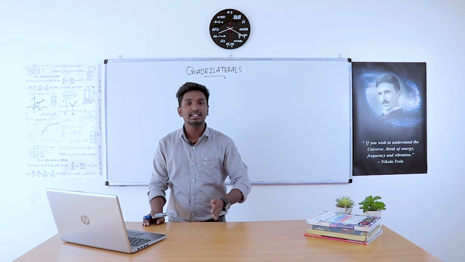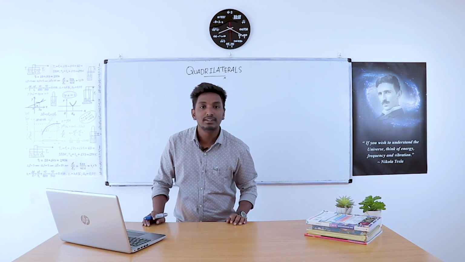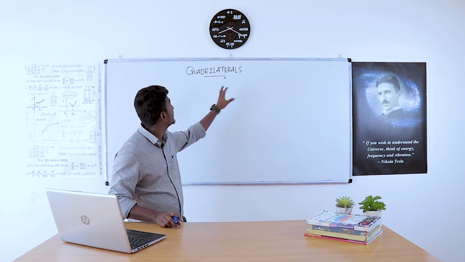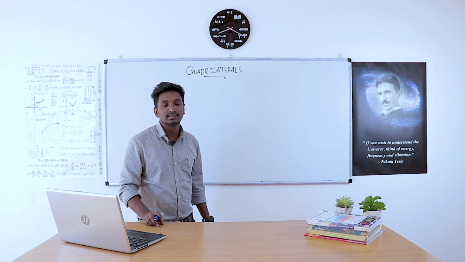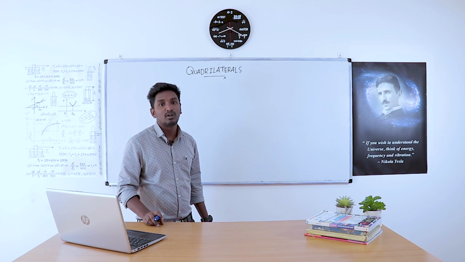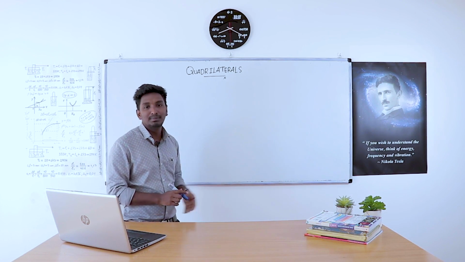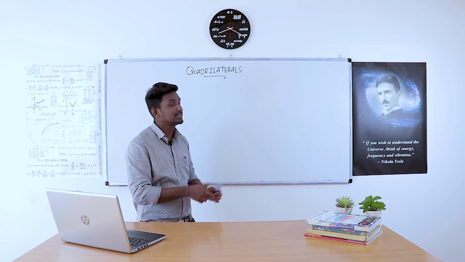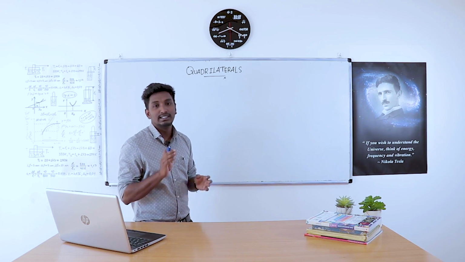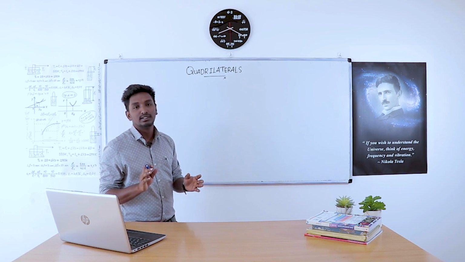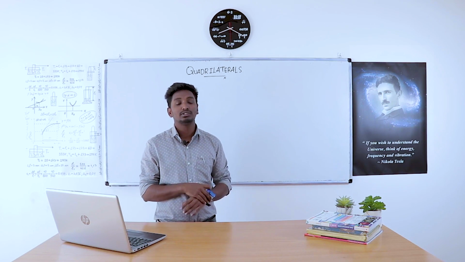So the next category is a polygon having 4 sides, and that category is called quadrilaterals. So we can simply explain that a quadrilateral is a closed figure. All the polygons are closed figures.